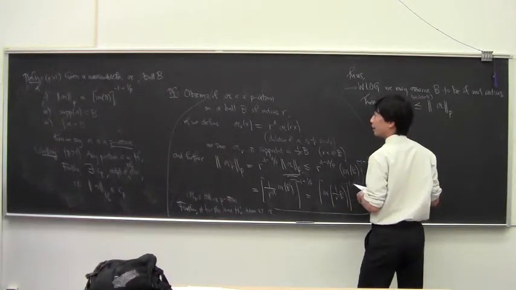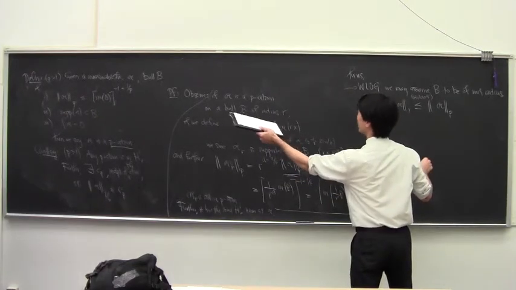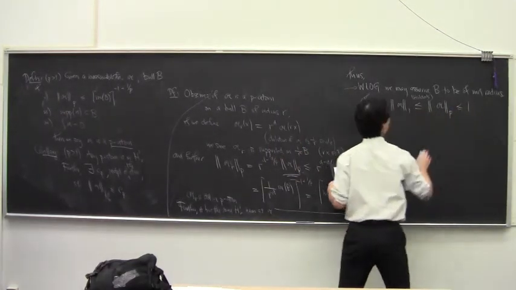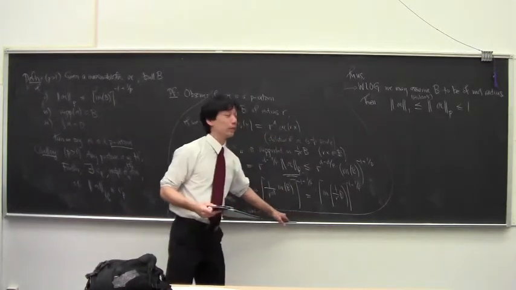And by the first assumption, this is 1, because B is of unit radius.